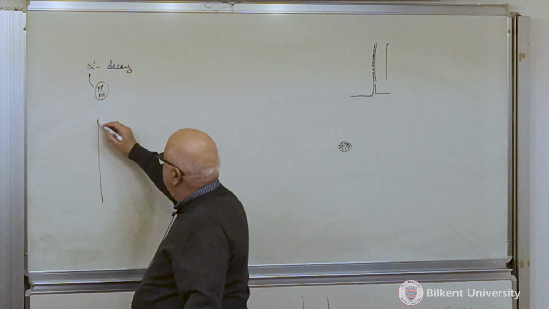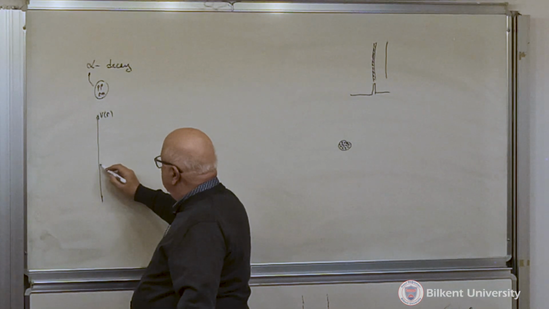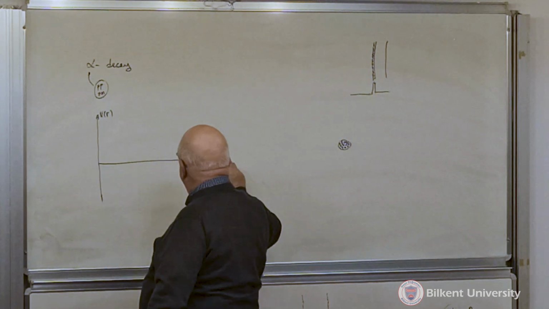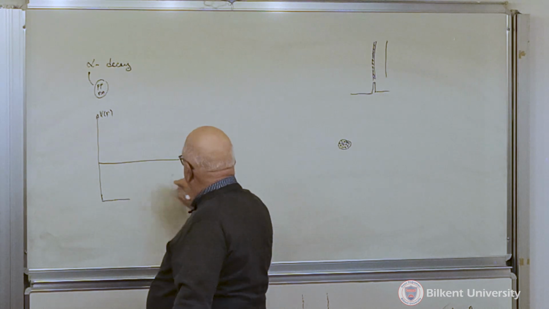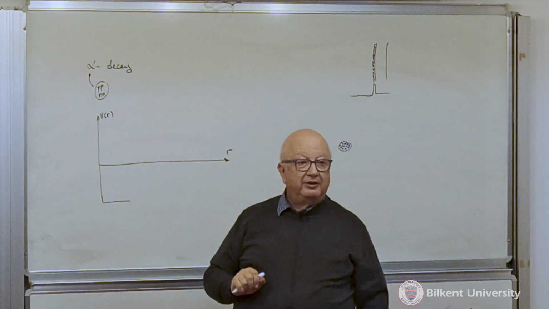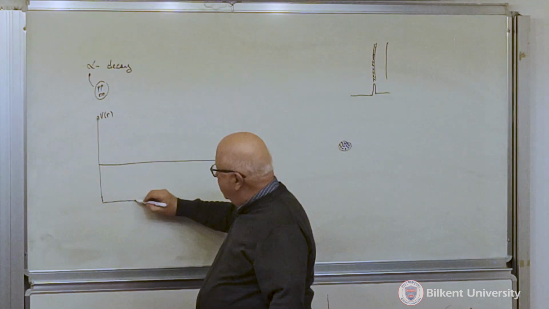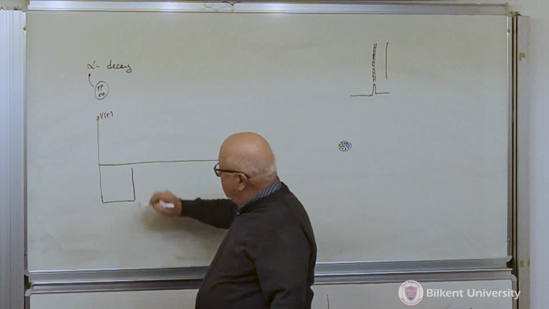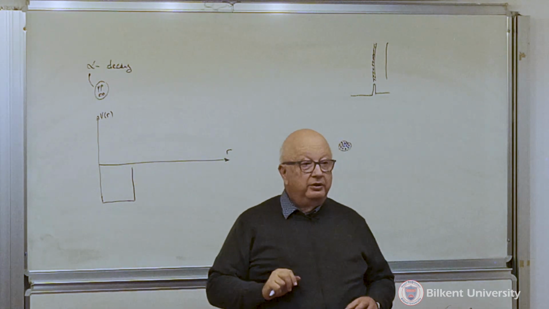So if I very schematically try to draw what the potential energy curve is, this is the radial distance, the radius from the center of the nucleus. So you have some low energy, which keeps the nucleons together.